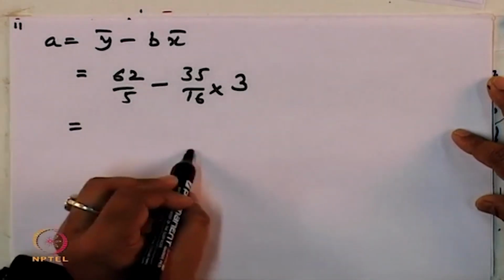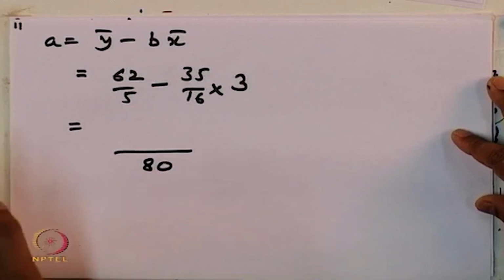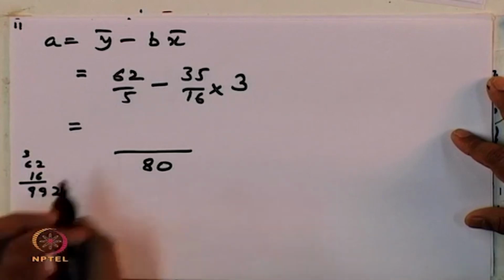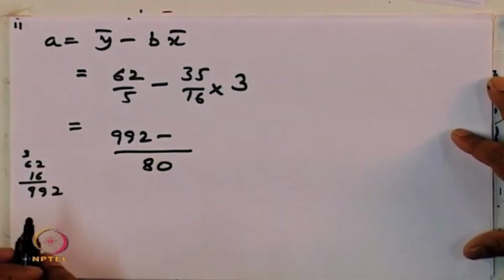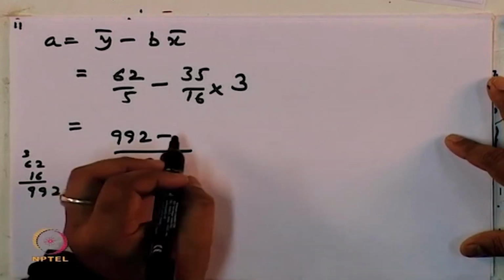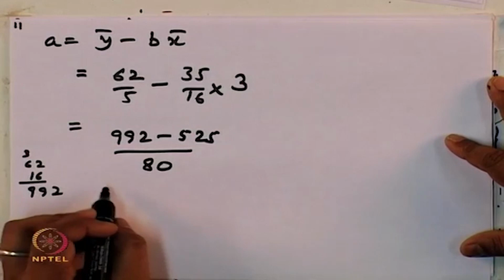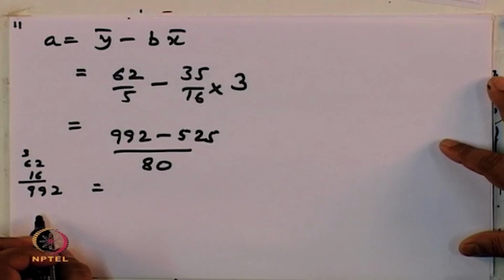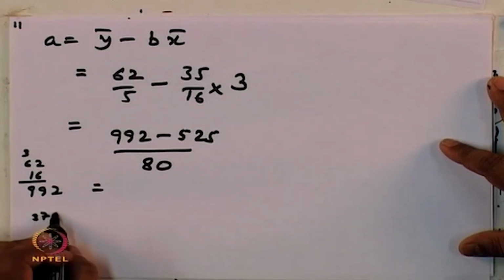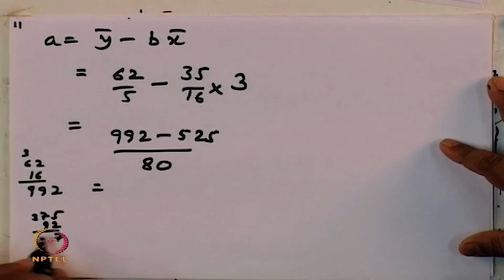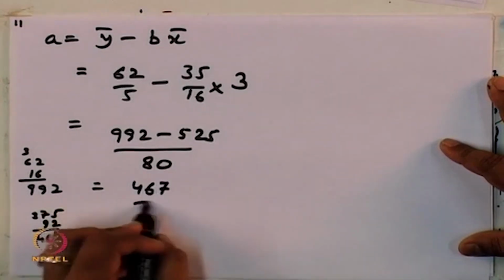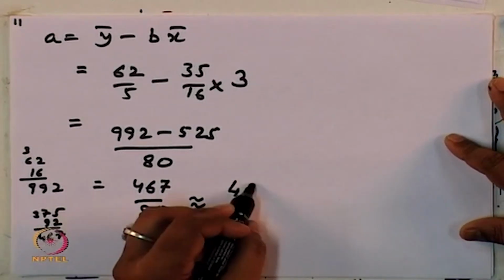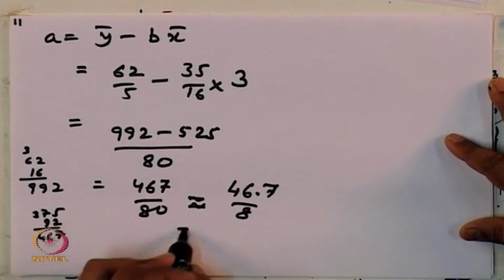I cannot cancel anything here. 62 into 16 is 992, minus 525, so 467 by 80, which is approximately 5.8.